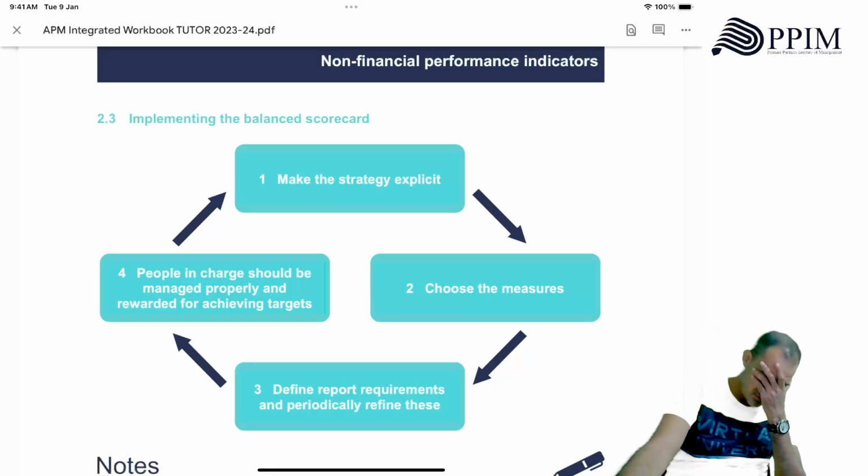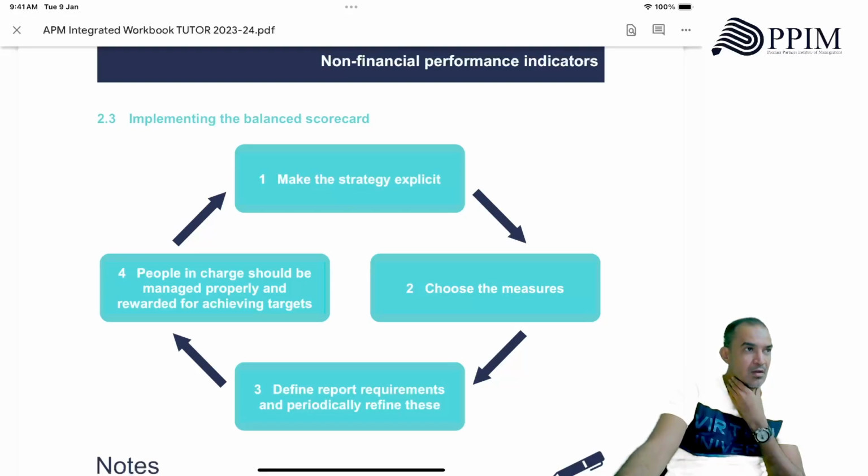Failure to link the objective with proper measures will lead to resource wastage.